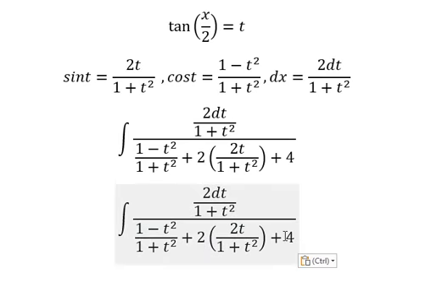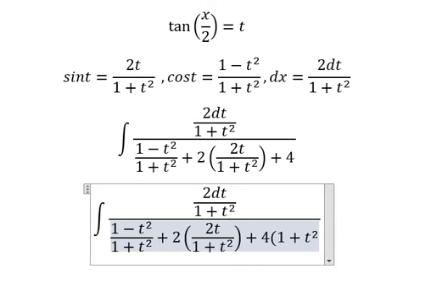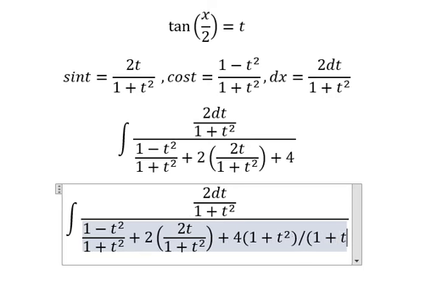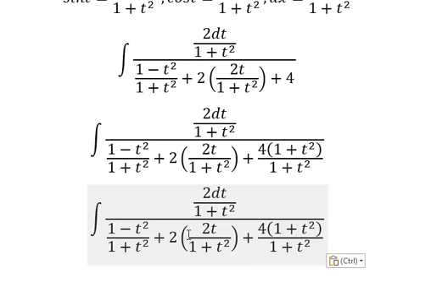Now, about number 4, we do common denominator. Now, we need to simplify 1 plus t square on numerator and denominator.